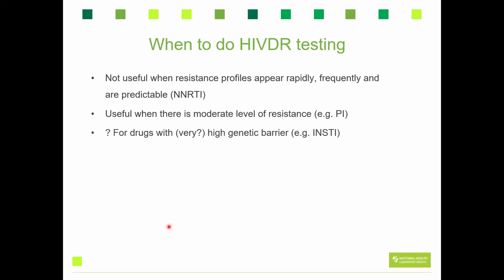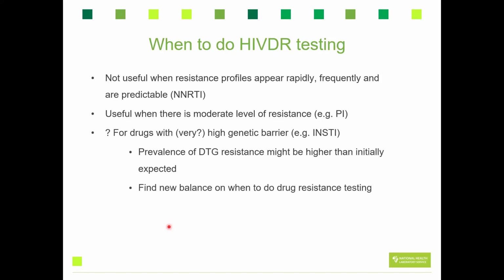The question is, what do we do for drugs with a very high genetic barrier? And I put very in brackets because I'm not too convinced anymore that we have a drug with very high genetic barrier. Our prevalence of DTG resistance might be higher than we initially anticipated. And we need to find a balance on when to do resistance testing because we all know resistance testing is expensive.